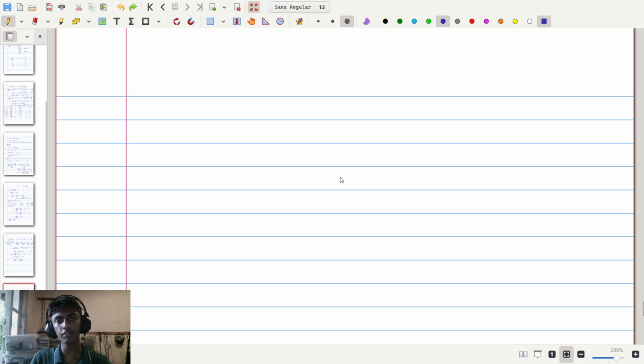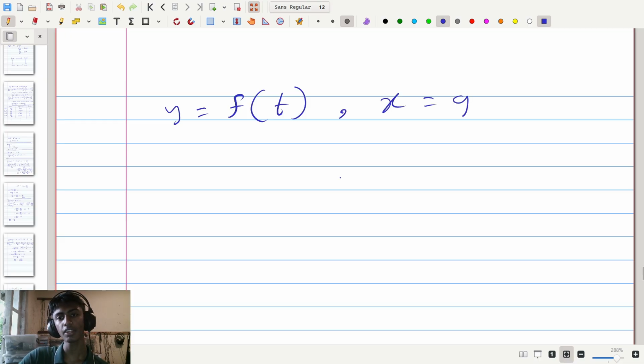In a parametric function, instead of having a relationship of y with respect to x, we have y as some function f of some parameter, let's say t, and x as some other function g also of the parameter t.